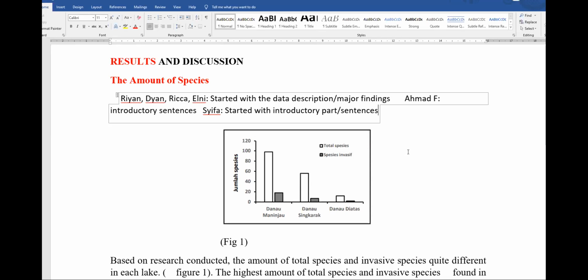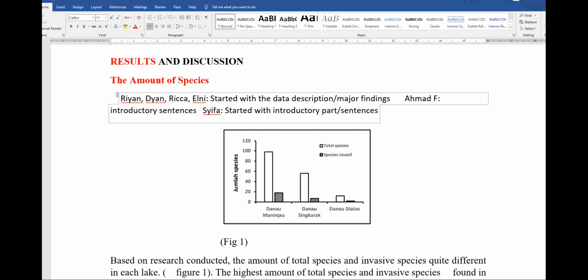Yeah, that's a very correct one, based on the suggestions from Ahmad, Fakhri, and also Shifa. Both of them suggest that before we start with the data descriptions like this, we have to put an introductory part, or an introductory sentence.